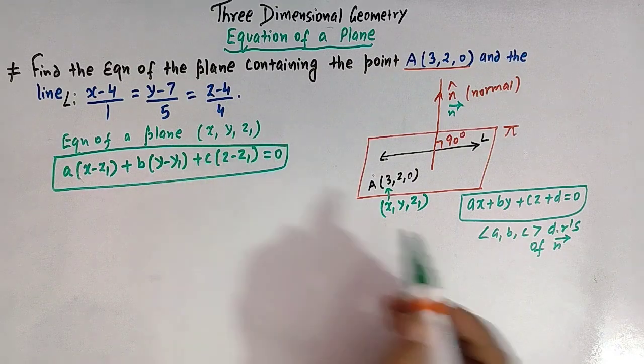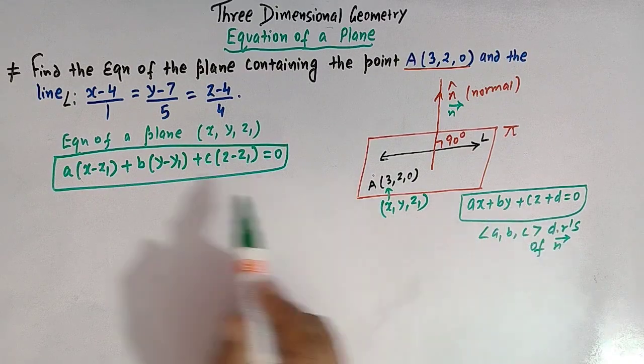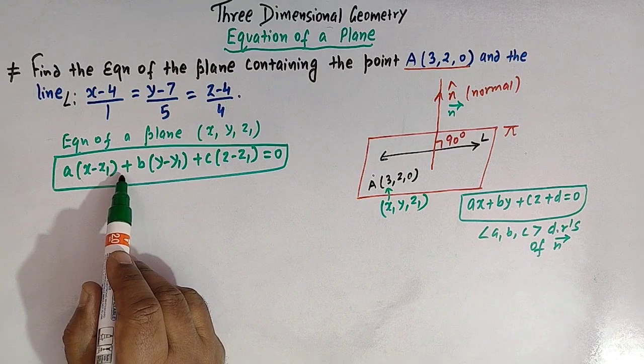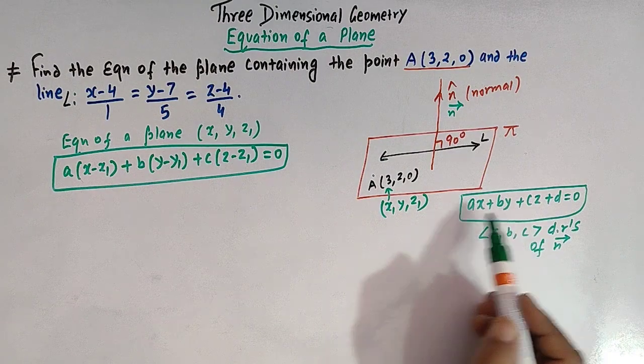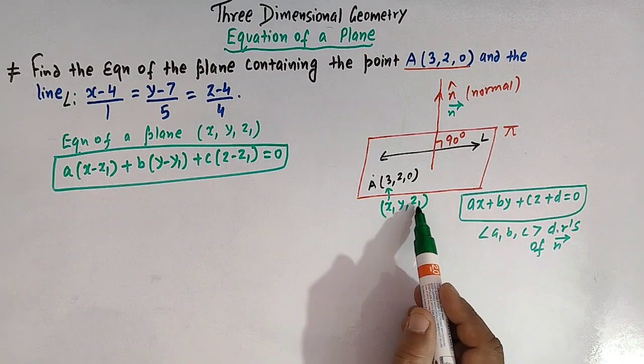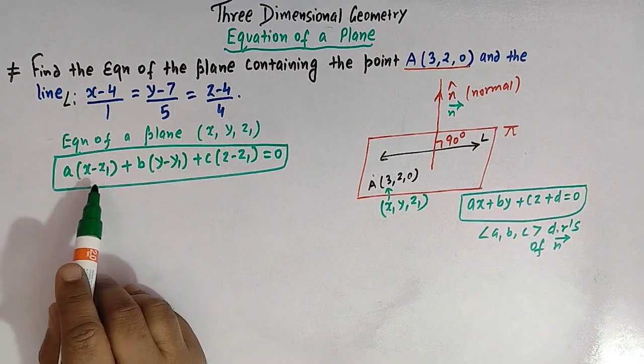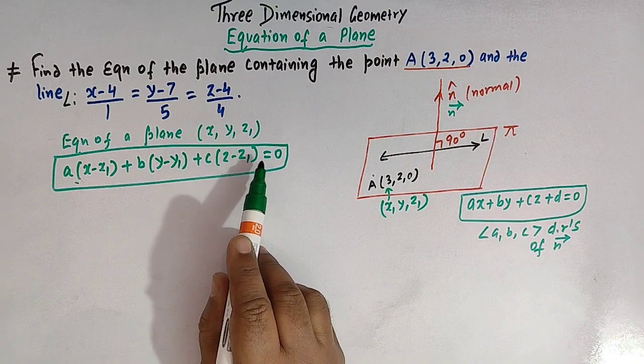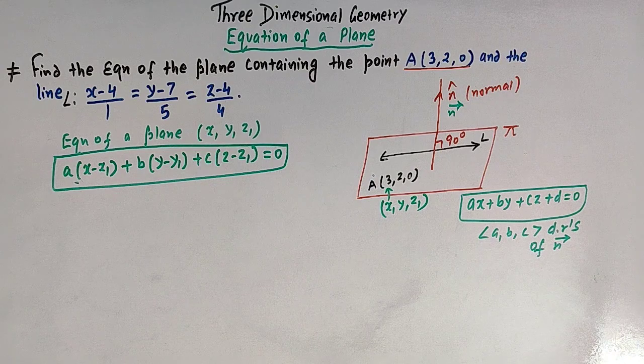So the modified form of this equation is this equation, because if this plane passes through (x1, y1, z1), we can easily get this equation. So here a, b, c are the direction ratios of the normal vector.